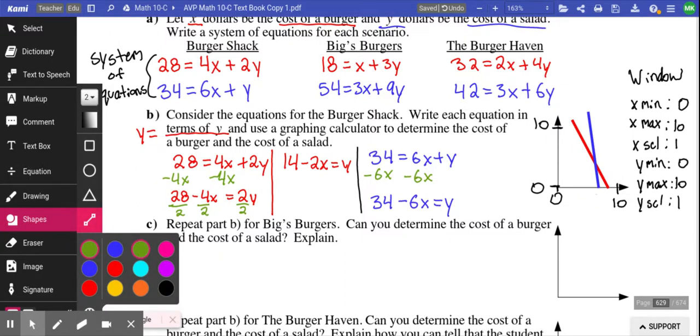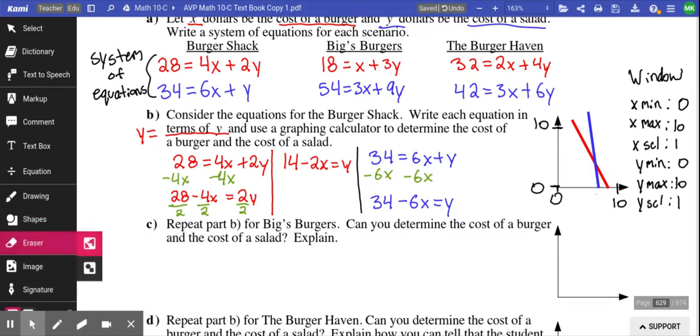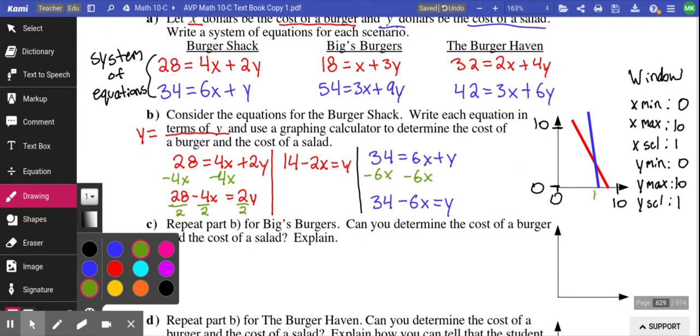They cross here and here. But I can't see the y-intercepts. If I follow my line, it should be up here somewhere. This one's going to be way up here somewhere. So if you wanted to see your y-intercepts, what you'd have to change is your y maximum because you can't see high enough.